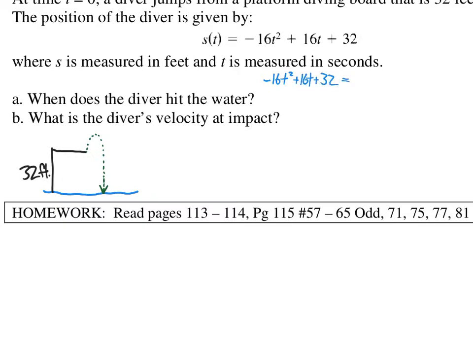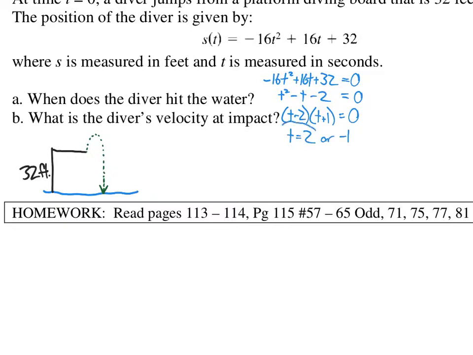And you all know how to solve a quadratic, so I'll just do this quickly here. I'm going to divide everything by -16, so I have just t squared minus t minus 2 equals 0. And then that's something I can factor, so it's t minus 2 times t plus 1, which is 0. So what are my times? 2 or -1.